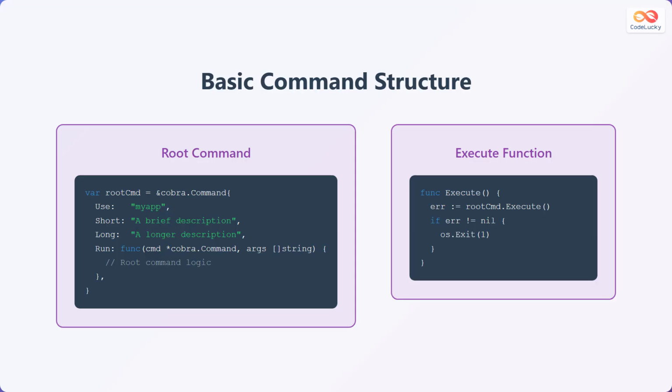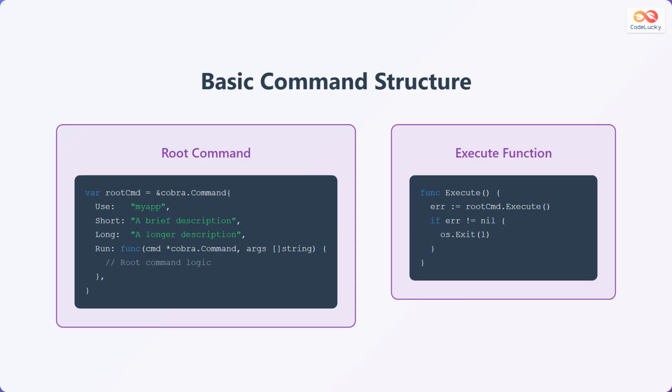Every Cobra application starts with a root command, which serves as the main entry point for your CLI tool. The root command is defined as a Cobra command struct with several important fields. The Use field specifies how your command should be invoked, typically just your application name. The Short field provides a brief description that appears in help output, while the Long field allows for more detailed explanations.